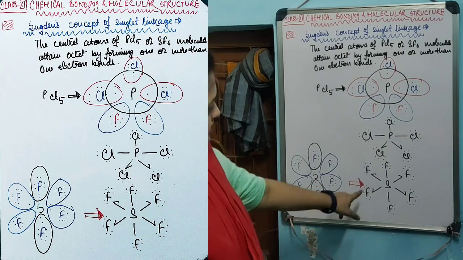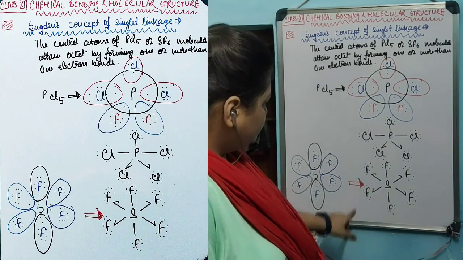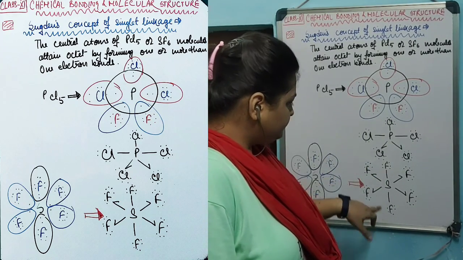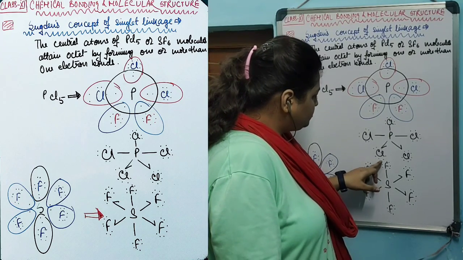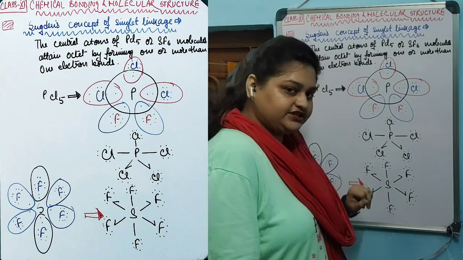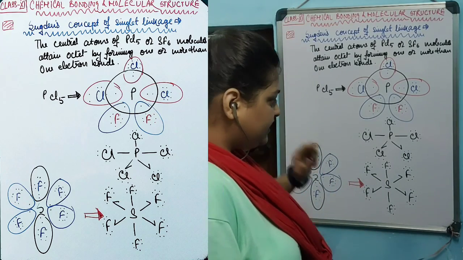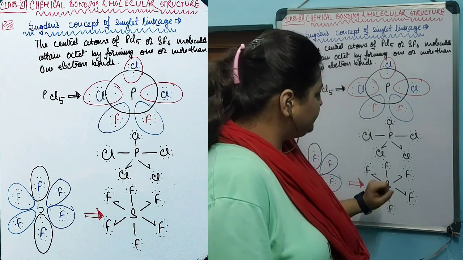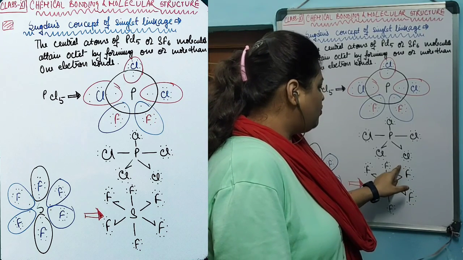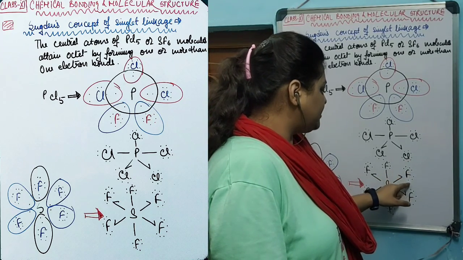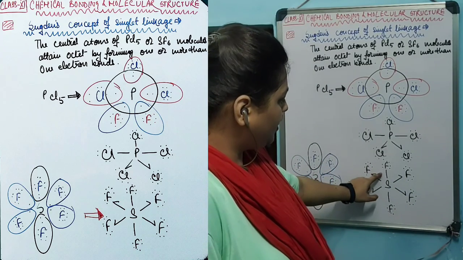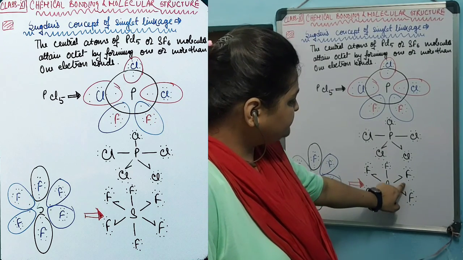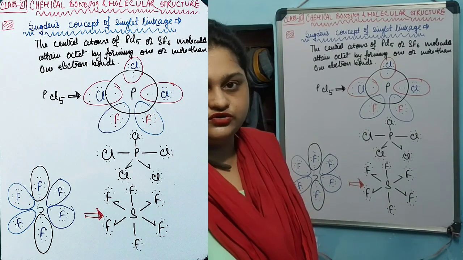And thus this compound is formed, in which each fluorine where they have shared 2 electrons has 1, 2, 3, 4, 5, 6, 7, 8 electrons, and in the singlet linkage the fluorine has 1, 2, 3, 4, 5, 6, 7, 8 electrons, and sulfur, the central atom, has 1, 2, 3, 4, 5, 6, 7, 8 electrons also.